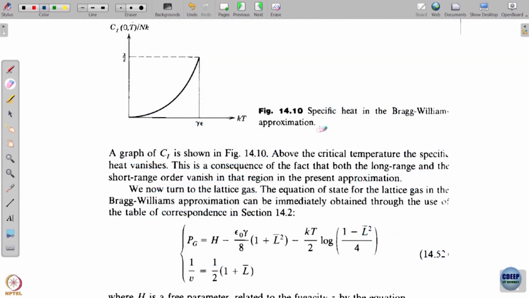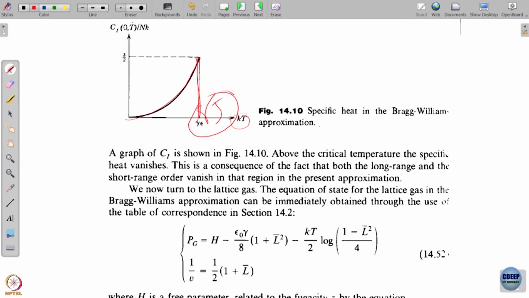In the Bragg-Williams approximation the specific heat does not diverge, but it increases like that. As I increase the temperature kBT in units of gamma J, it goes and saturates to a value like that.